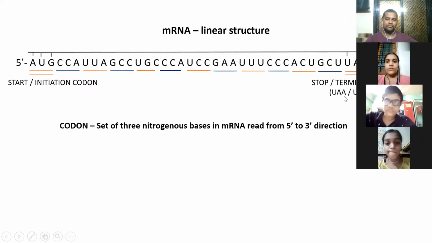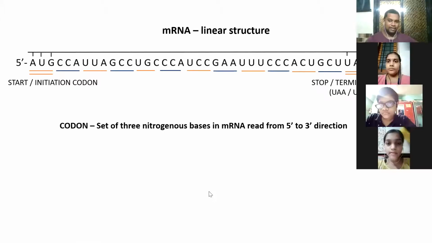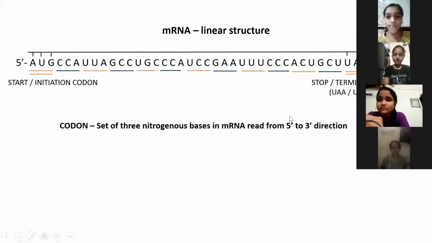We can know it by UAA, UGA, UAG. So these are the 3 stop or termination codons. These 3 are also known as nonsense codons.